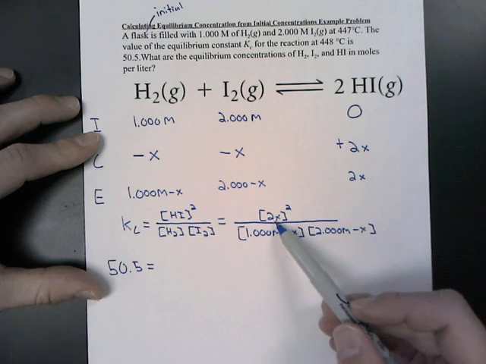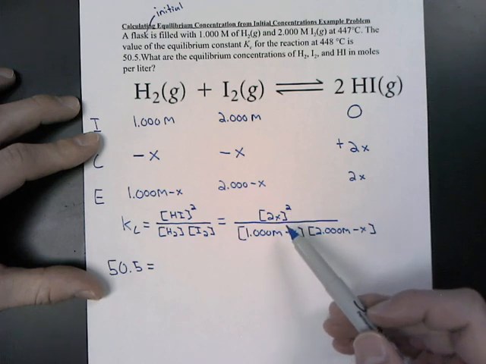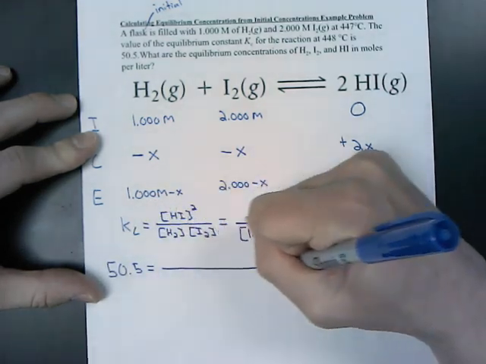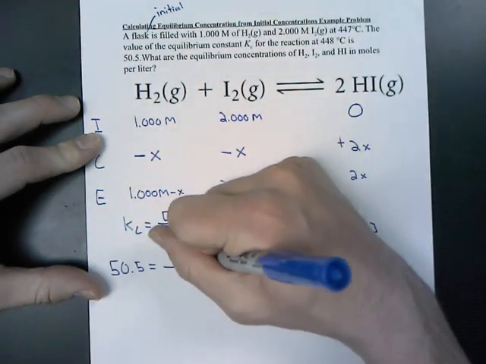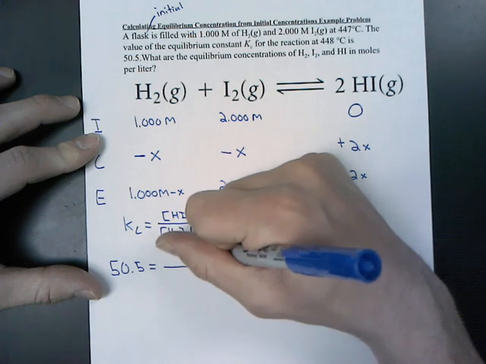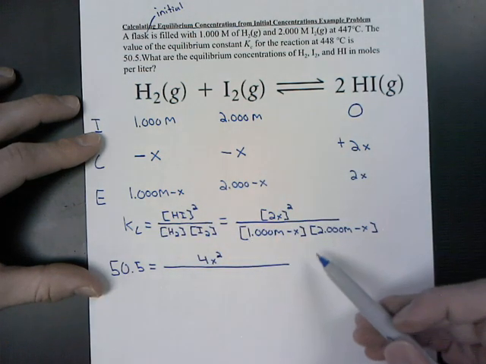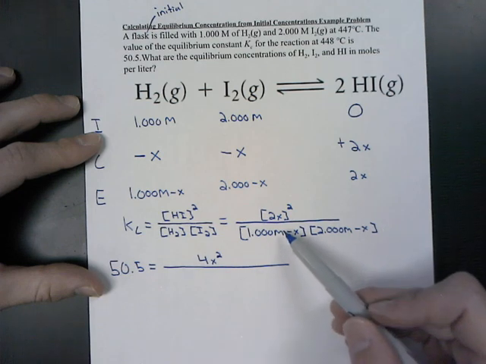On top, 2x squared. If we go through the mathematical operations of 2x squared, we end up with 4x squared. Now, on bottom, I'm going to get rid of these m's because I think they're starting to be confusing.